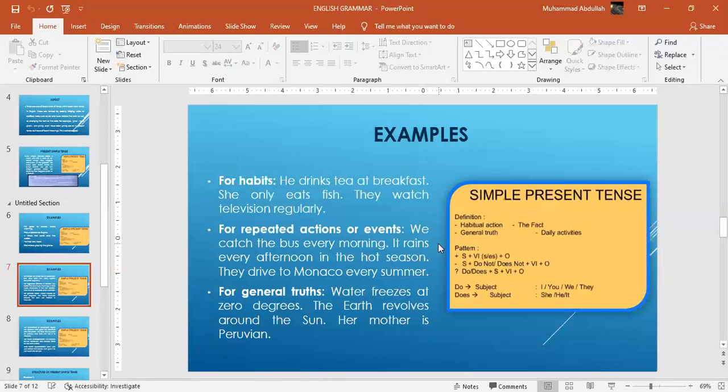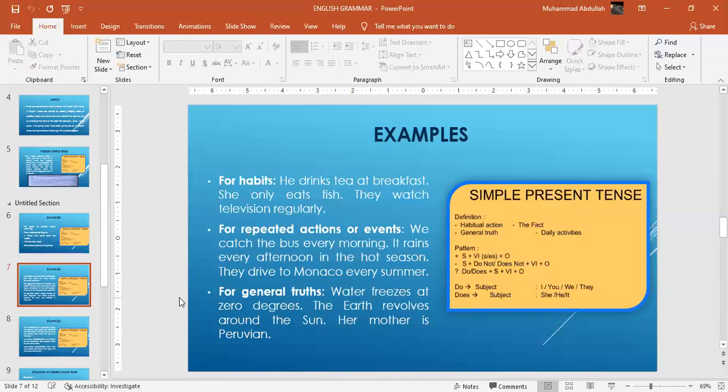You must constantly keep in mind the two categories of subjects. First is I, we, you, they, and any plural subject like boys, students, teachers. And second is he, she, it, or any singular subject like doctor, or anybody's name, David, Ali, etc. So in case of these two different categories, we use different verb forms and different helping verbs like do and does.